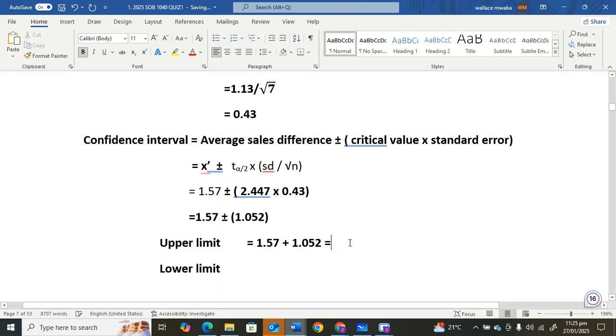2.62. We'll say it's in kwacha, because here we're talking about drop in sales, so our units will be in kwacha. Then 1.57 minus 1.052 gives 0.518.